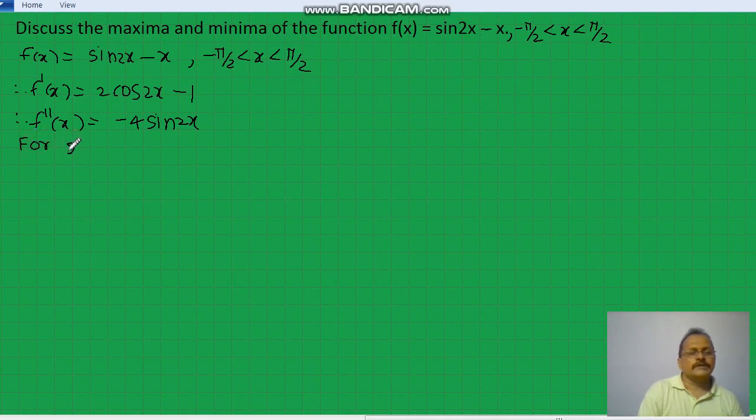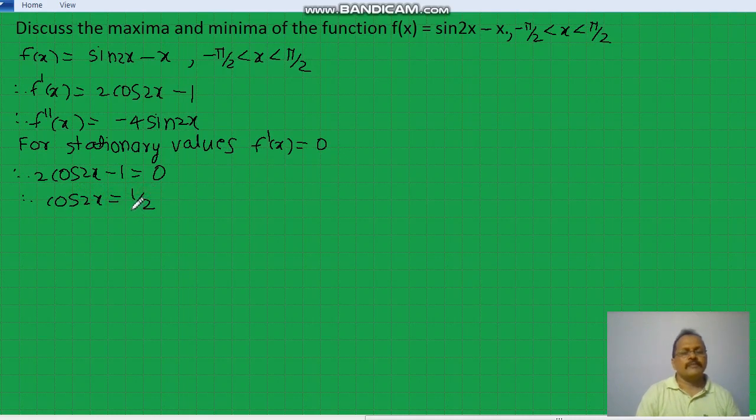For stationary values, f dash x is equal to 0, and therefore 2 cos 2x minus 1 is equal to 0, and therefore cos 2x is equal to half.